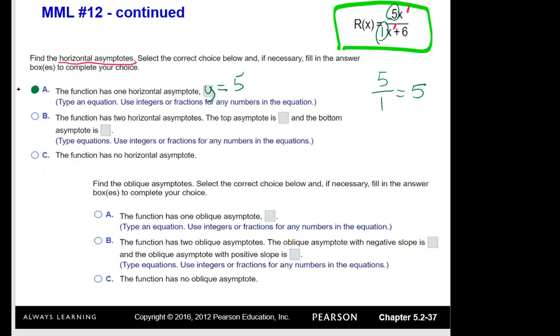And then when I get to part C, the third question, it says, find the oblique ones. Since I had a horizontal one, there will be no oblique. The function has no obliques because it had a horizontal asymptote.